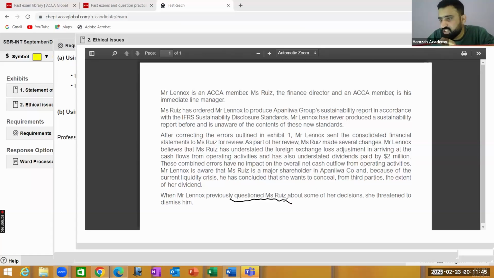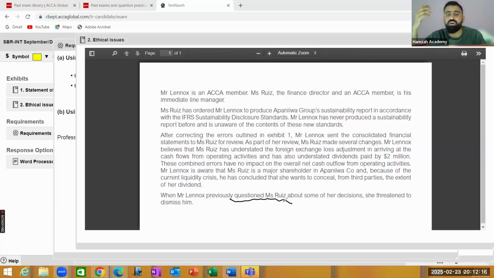So in this situation, it is difficult for Mr. Lennox to work with objectivity. Now think with the practical aspect. If your job is threatened and the threat is from your immediate boss, then obviously your objectivity would be compromised. Being a human being, you would be thinking about your job, what if my boss fires me or terminates me from the job, because we have some financial interest in the form of salary or other employee benefits.